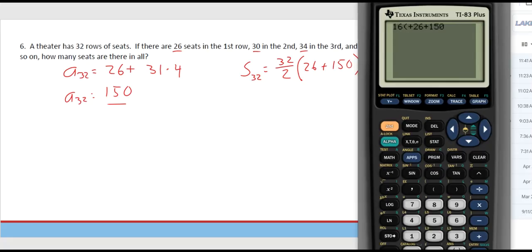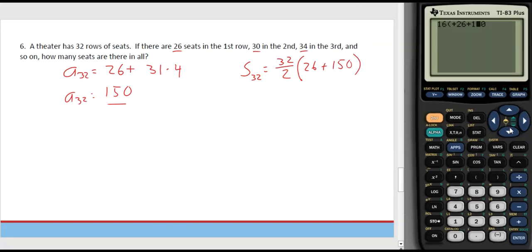The calculator has a mind of its own today. There we go. 2,816 seats in the theater.